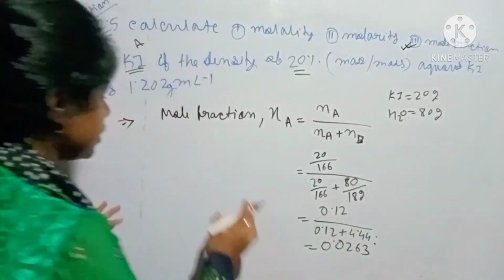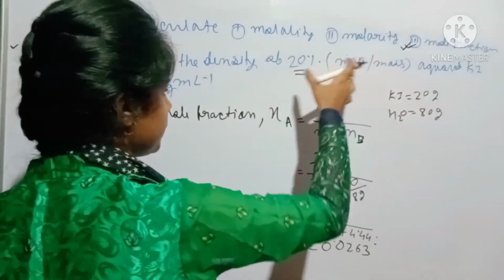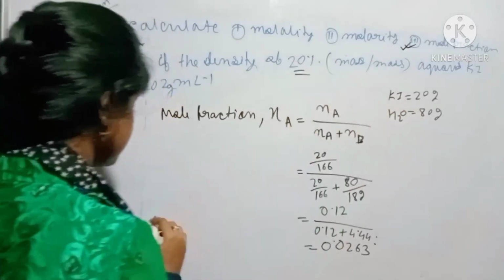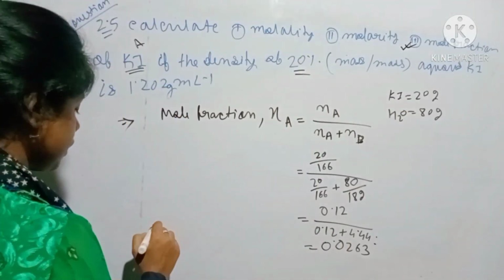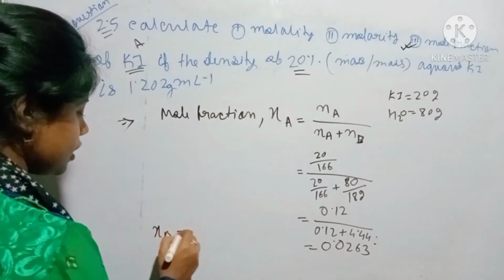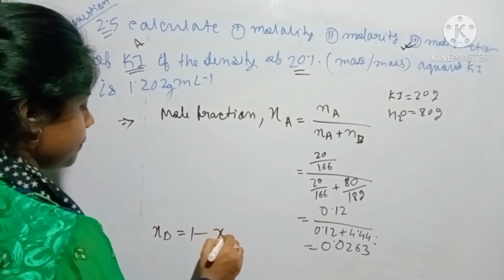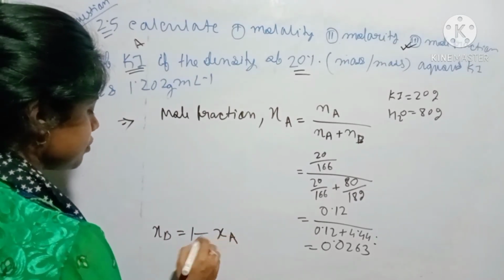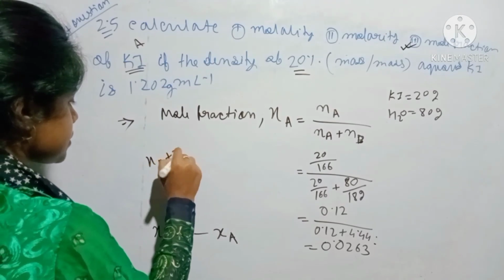Here we don't need to calculate the mole fraction of water, but if the examiner wants to know the mole fraction of water, then you just subtract this XA from 1, because we know that XA plus XB equals 1.